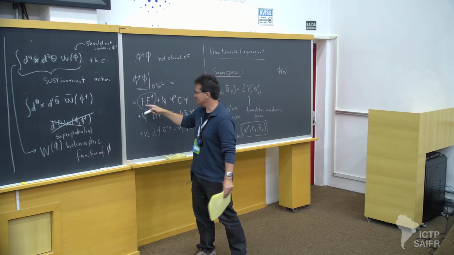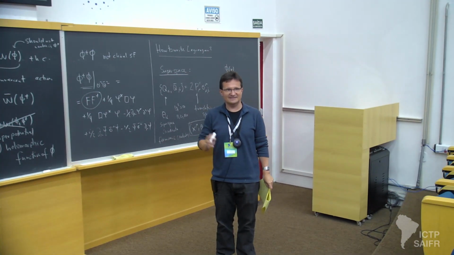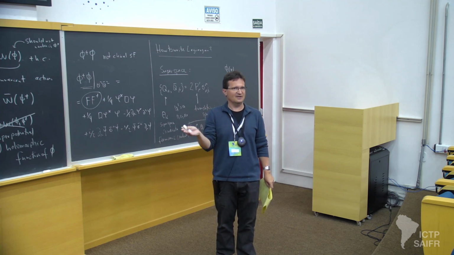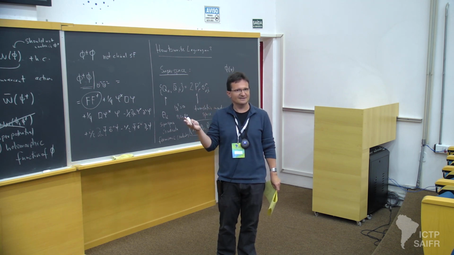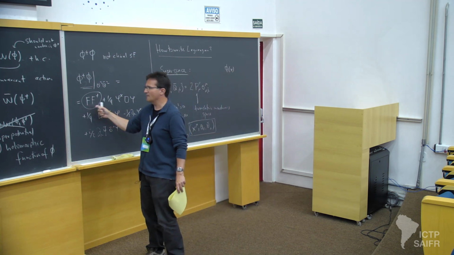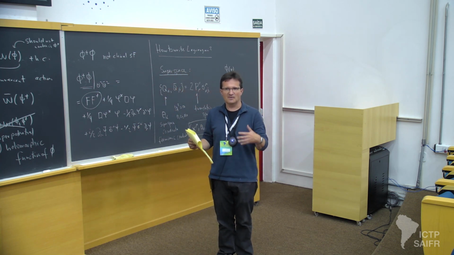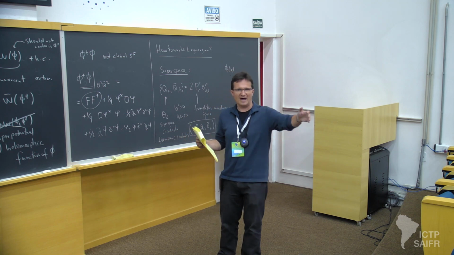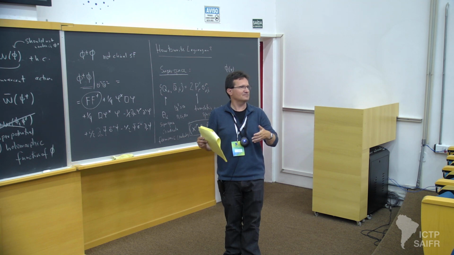And very nicely, the kinetic term of my auxiliary field, this dummy field that I introduced only to make up the difference between the fermionic and bosonic degrees of freedom, doesn't have any derivatives. So if I call this the kinetic term of F, then it's in fact going to be a non-propagating degree of freedom, because its equation of motion is not going to contain any derivatives. When I take its equation of motion, I will just be able to analytically solve F in terms of the other fields, in terms of phi and psi.